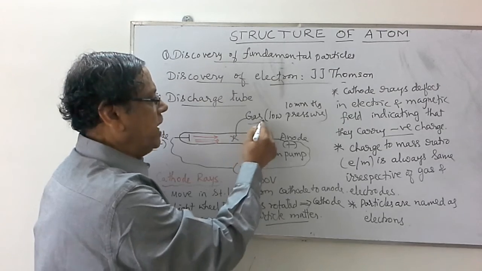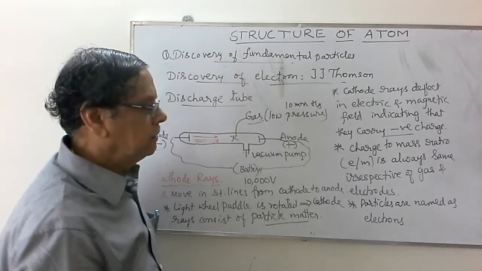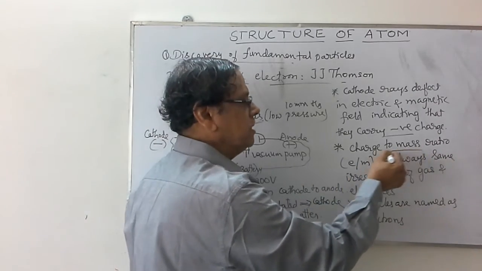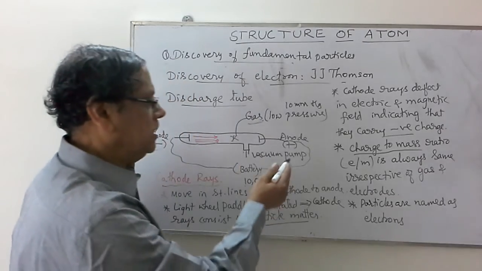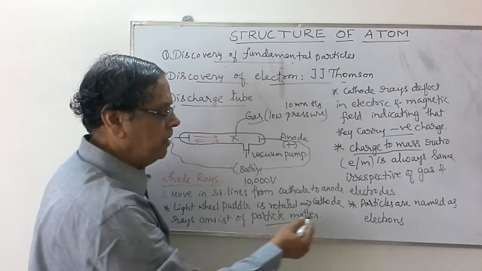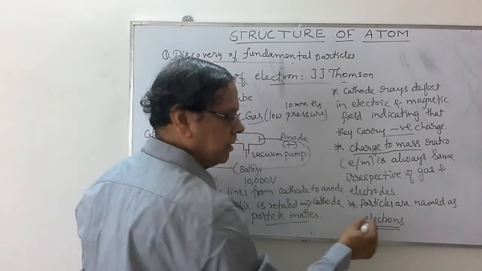And whatever may be the gas taken and whatever may be the metals used in the electrodes, the charge to mass ratio always remains constant, indicating that all these gases and all this matter are made up of the same particle carrying the negative charge, which are called the electrons.